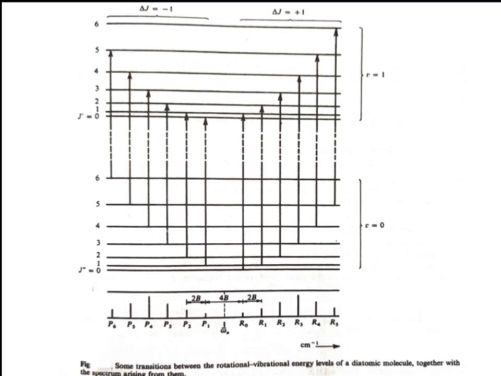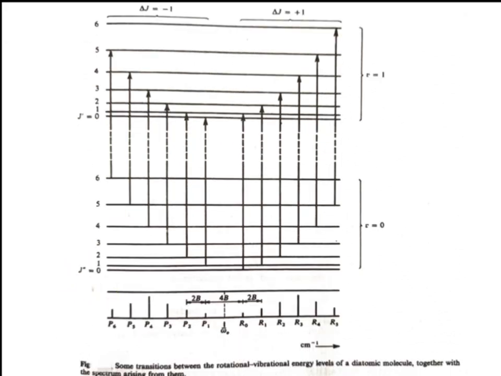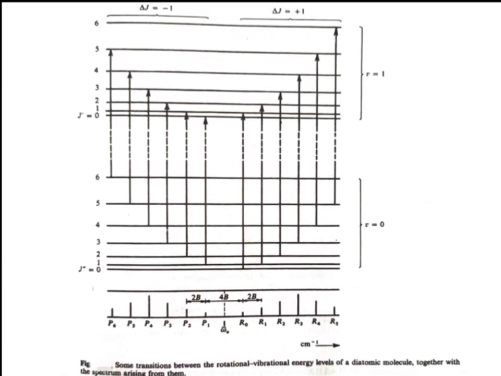Such transitions are shown from the J double prime to the J prime state. Then at the right side you can see the transition occurs from ground state 0 to 1, then 1 to 2, then 2 to 3, then 3 to 4, then 5 to 6. Such transitions are shown here.